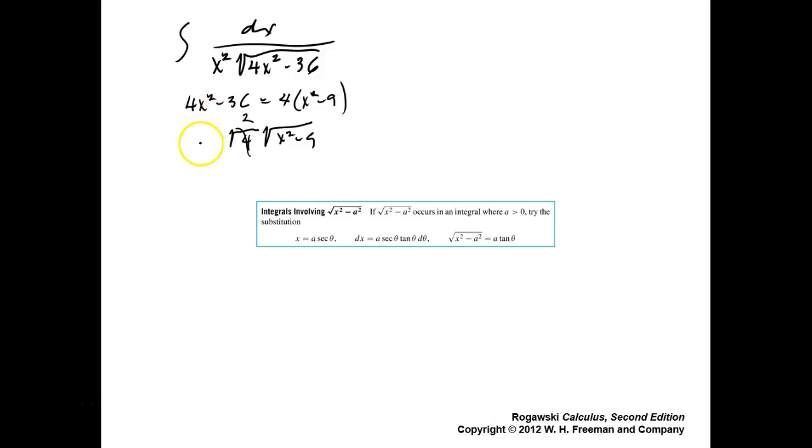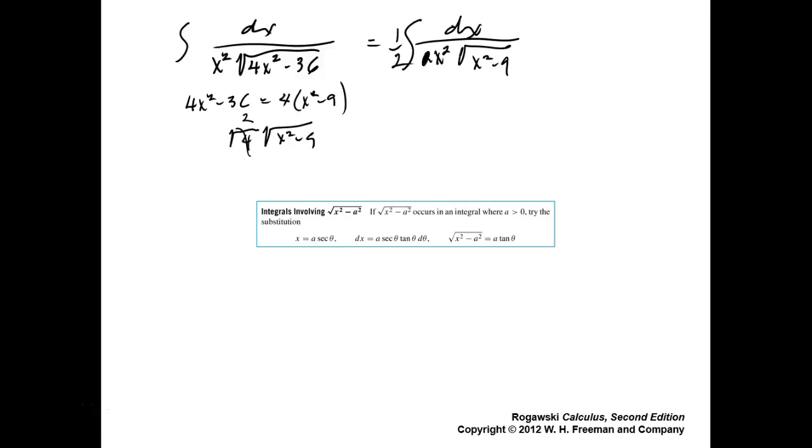So now what we have is the integral of dx over 2x squared times the square root of x squared minus 9. Now, that I'm a little more comfortable with, because even if I don't like that 2 in there, I can pull that 2 out and get it completely out of the way.